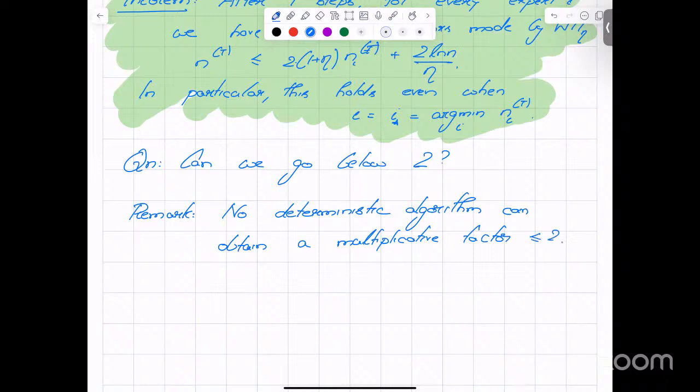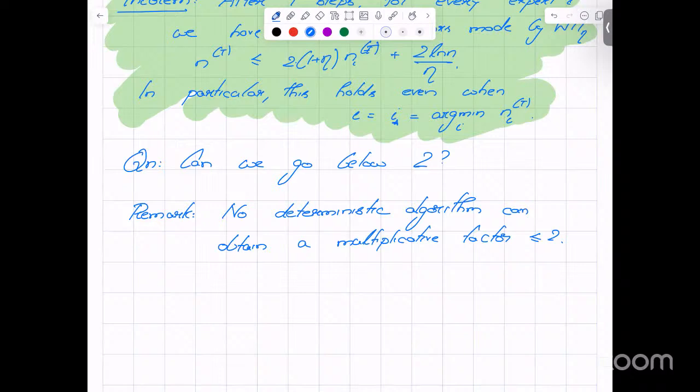In the problems where you come up with this counter example, you give me a deterministic algorithm, and for that deterministic algorithm, you can give a sequence in which, in fact, just two experts suffice. Forget about the number of experts, just 2. You can give a way in which you err such that every deterministic algorithm will commit at least twice the number of errors as the best expert.